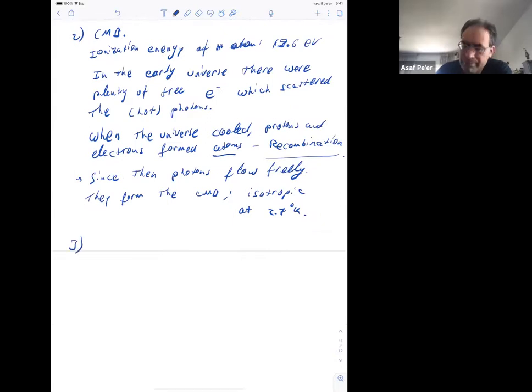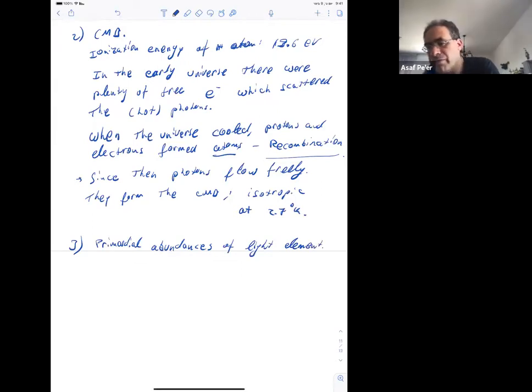Now the third, we said, is the primordial abundances of the light elements. We said that all the elements are being formed in stars, except for the light elements. Now, when we had this recombination, we can calculate quite easily the evolution of the temperature with time.